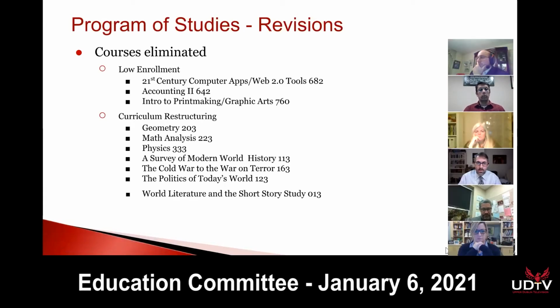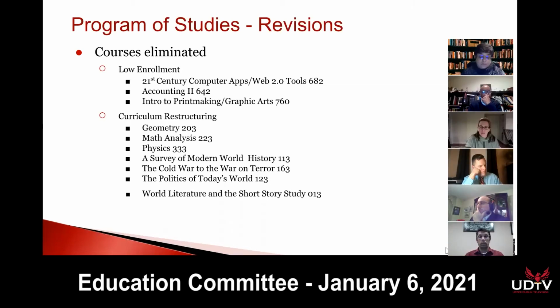Accounting 2, we do have an Accounting 2 honors course available for students to select, and the majority of students that take Accounting 1 do move to Accounting 2 and then choose the honors course that is available. And the final course, Intro to Printmaking and Graphic Arts, we have multiple allied arts classes that students can select that have pieces of those courses embedded in them and provide more choice and opportunity for our students.